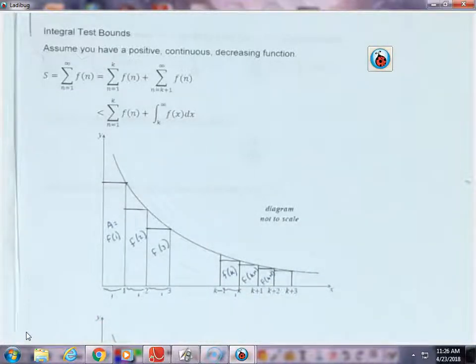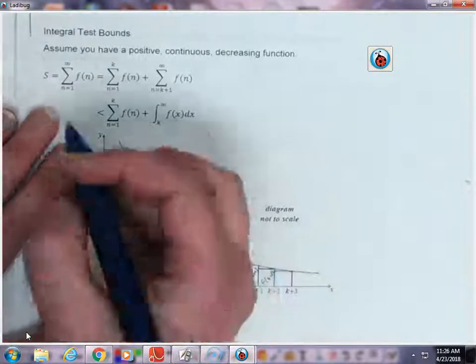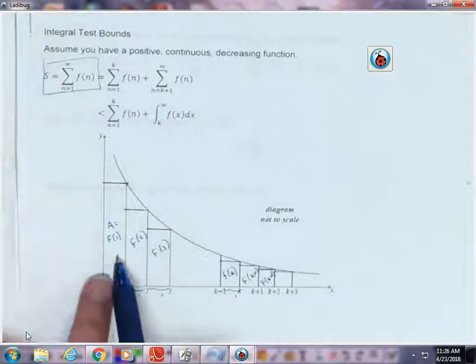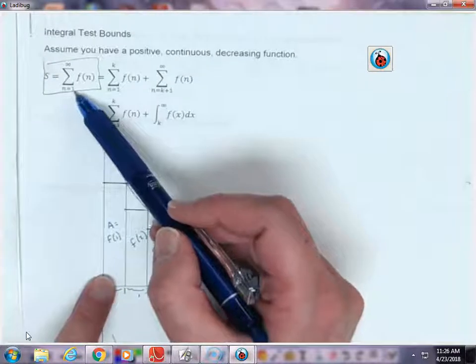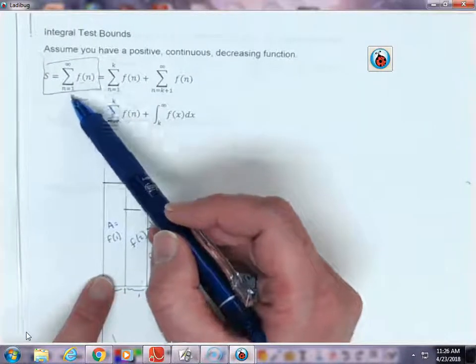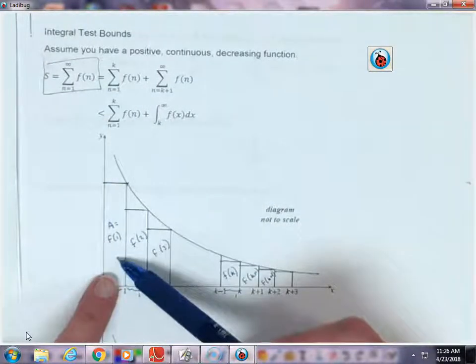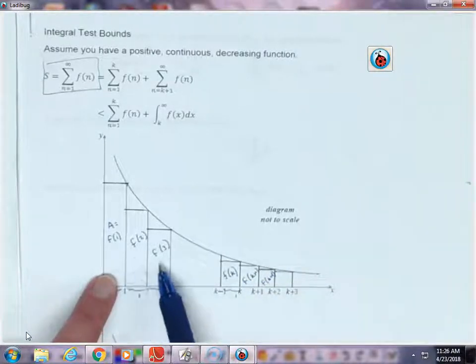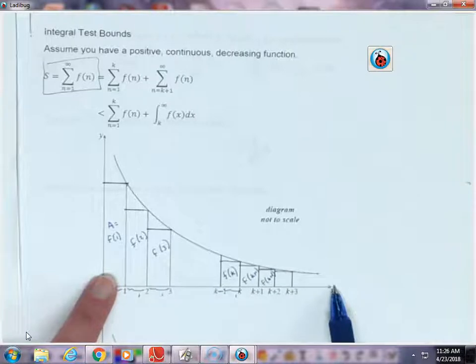What we're going to do is figure out bounds for the infinite sum. If you think of this sum, putting in 1, 2, 3, 4, 5, it would be the same as adding up the area of all these rectangles: f of 1 plus f of 2 plus f of 3, forever and ever. You can split this at any point you want.